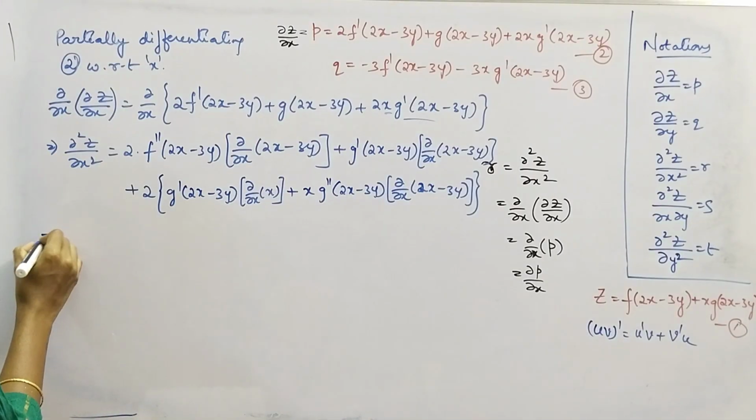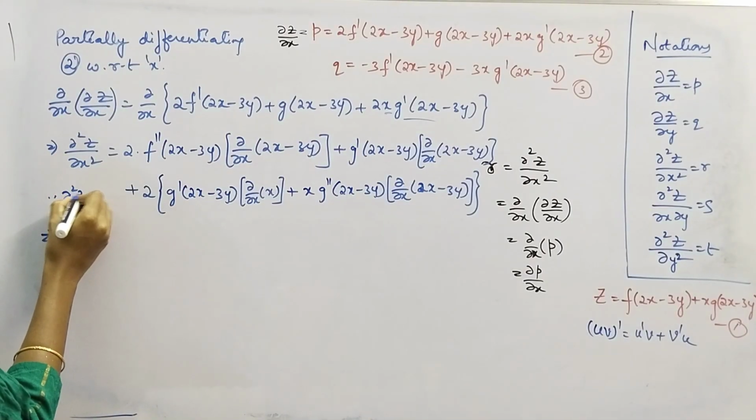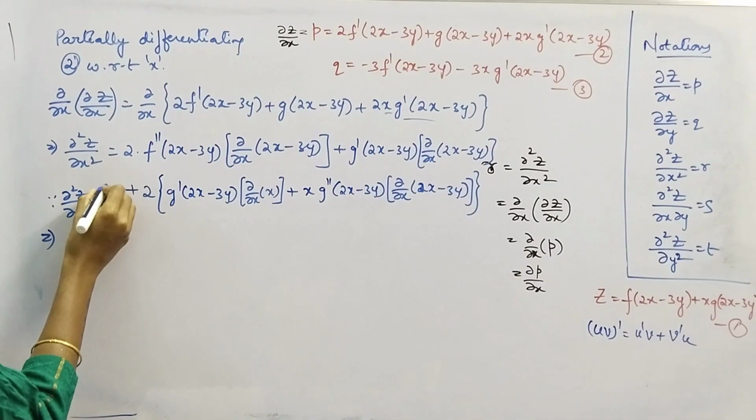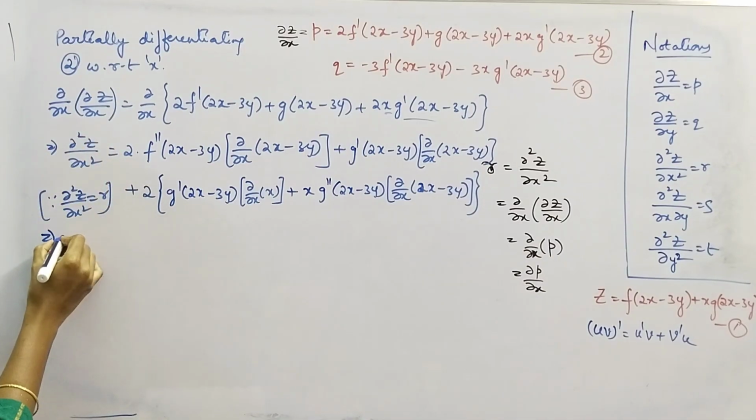Fine. Since we know that ∂²z/∂x² is equal to r, we'll replace this by the notation r.